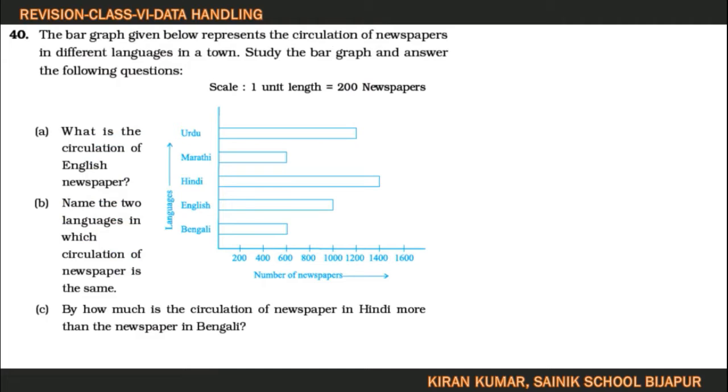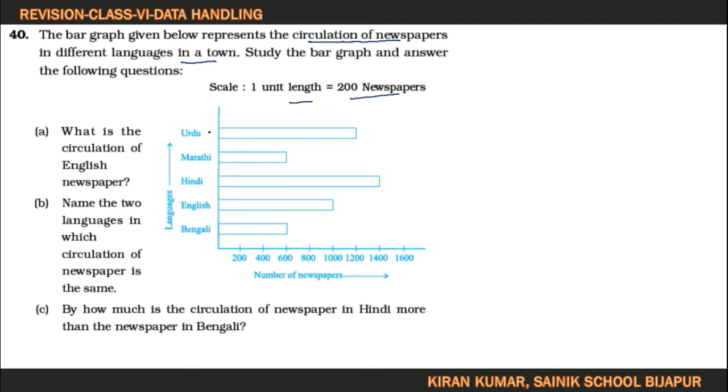Question number 40. The bar graph given below represents the circulation of newspapers in different languages in a town. Study the bar graph and answer the following questions. The scale given here is 1 unit length equal to 200 newspapers.